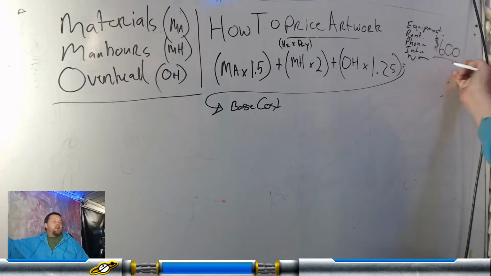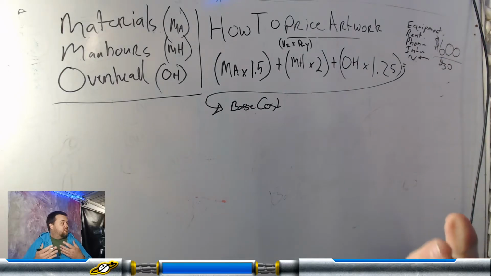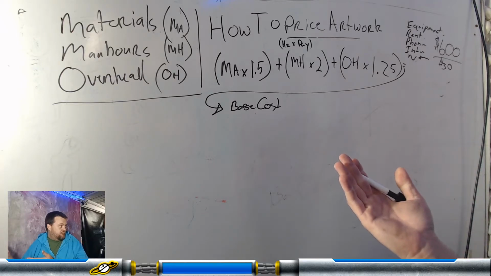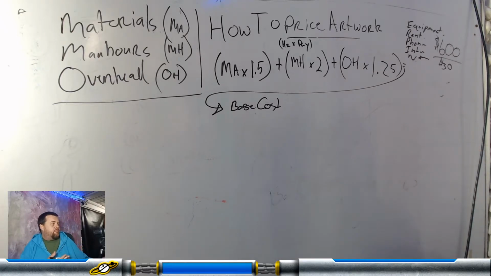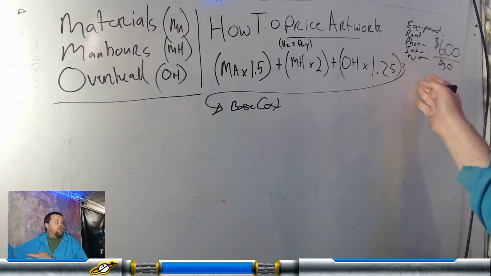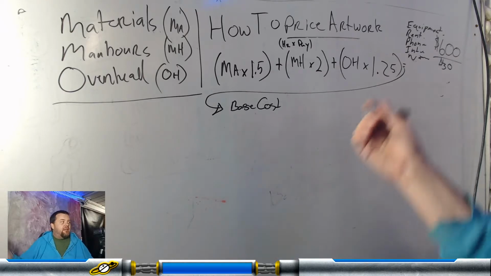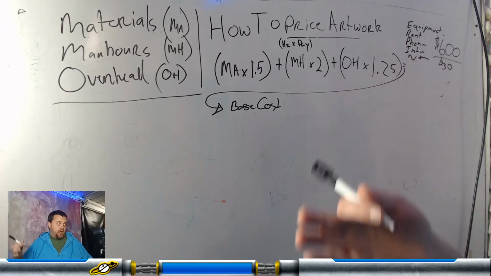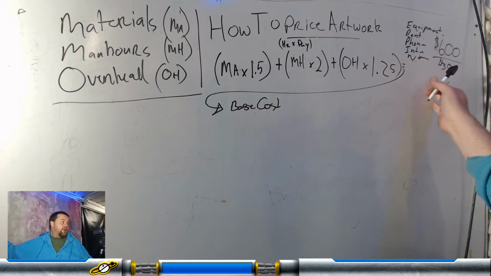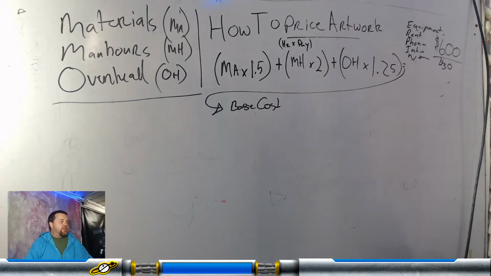So if we figure out that each day it costs us $30 worth of overhead to run our business right here, then we know that if we only want to work 5 hours a day, 8 hours a day, 3 hours a day, we can break that down per hour and base it upon our scheduling on this job.